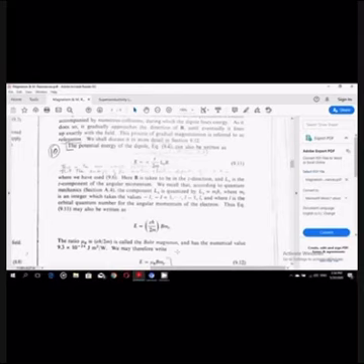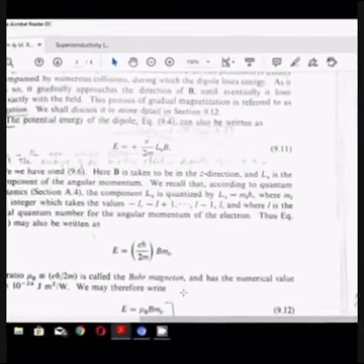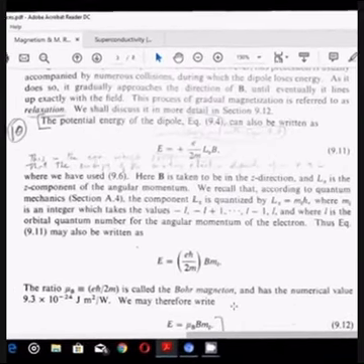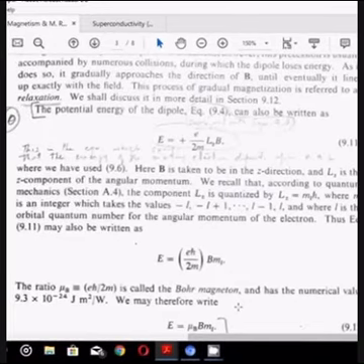So equation 9.11 may then be written as E equals eh cut over 2m into B into ml.